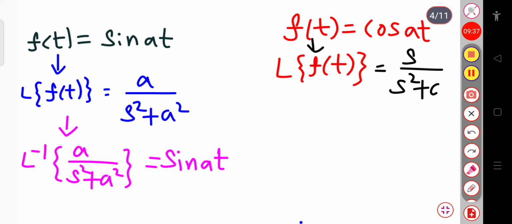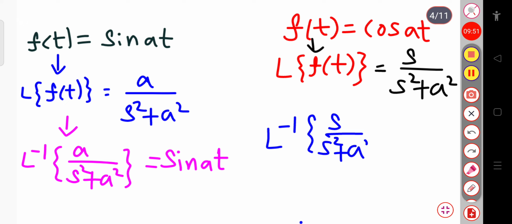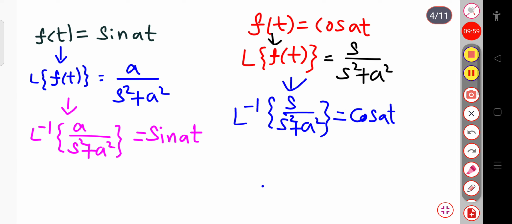This is the Laplace transform of cosine at. And the Laplace inverse of s divided by s square plus a square gives the function itself, that is cosine at. Is that clear? This way you can calculate the inverse of a particular function.